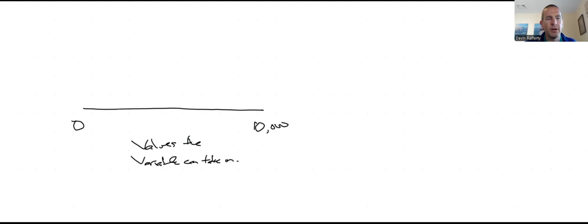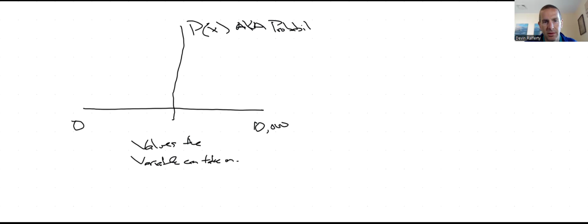Okay. And then on our vertical axis, we have P of X, which is the probability of value X occurring.